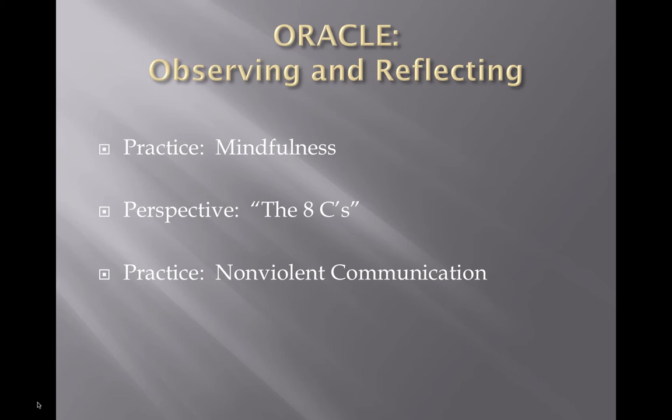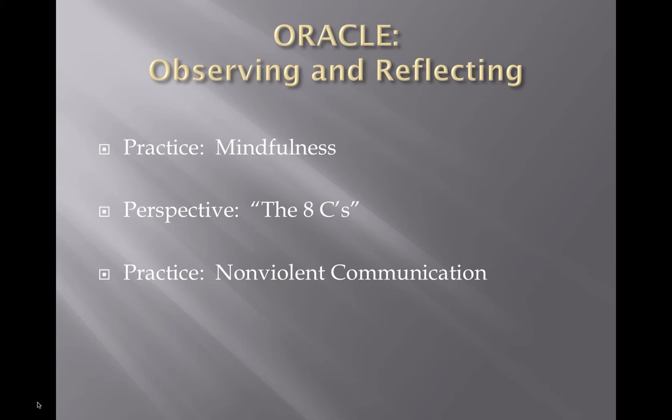The perspective that we can bring to mindfulness, I referred to as the 8 C's, and this is from internal family systems theory. These are attributes of self according to that theory, not our ordinary tired egos, but the better parts of ourselves, our innermost selves, our best selves. And those attributes, you have a handout on this.